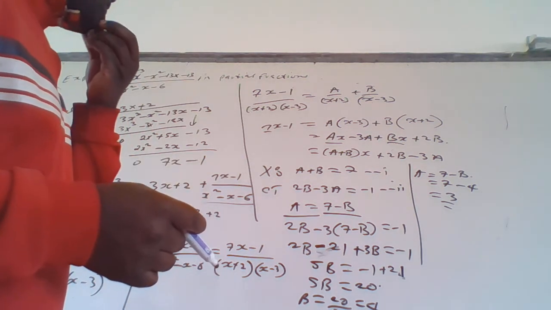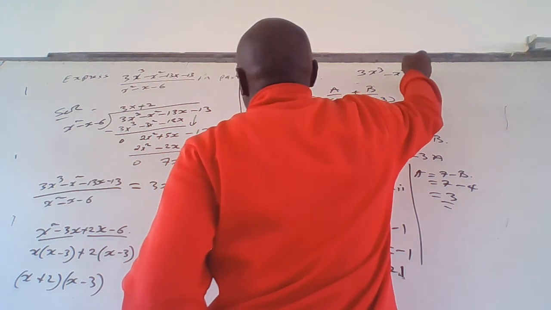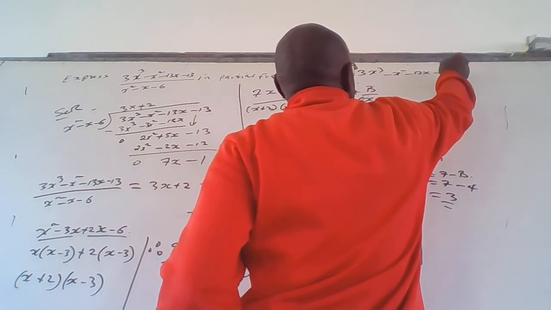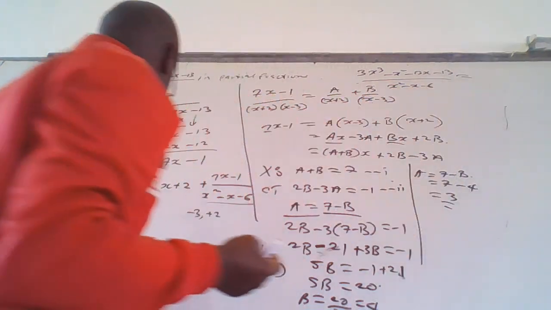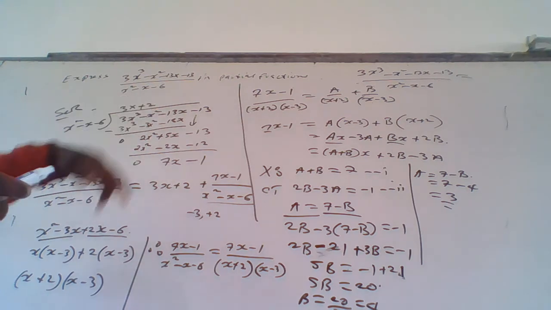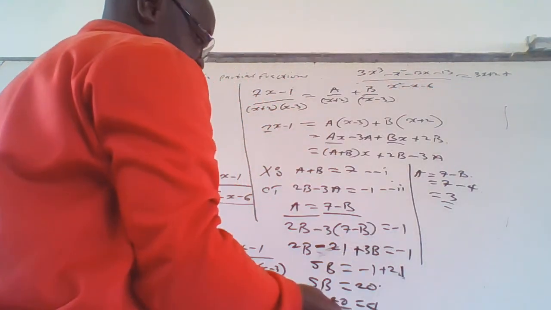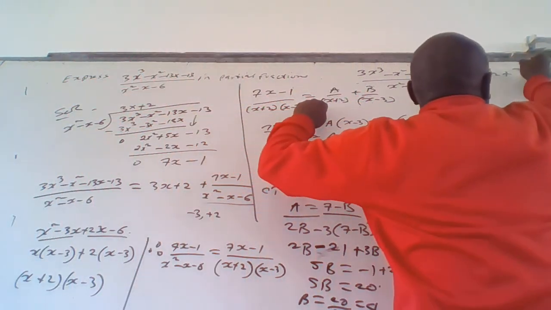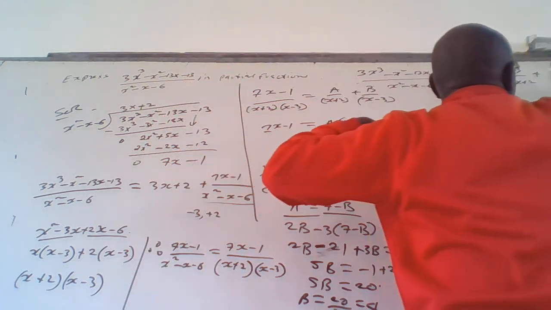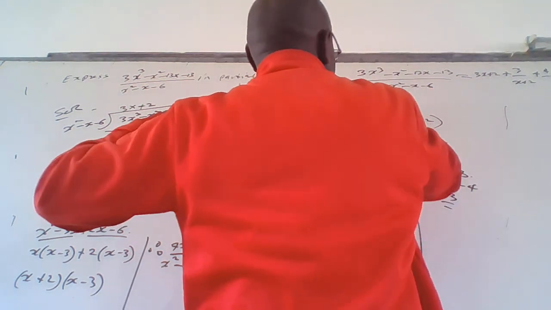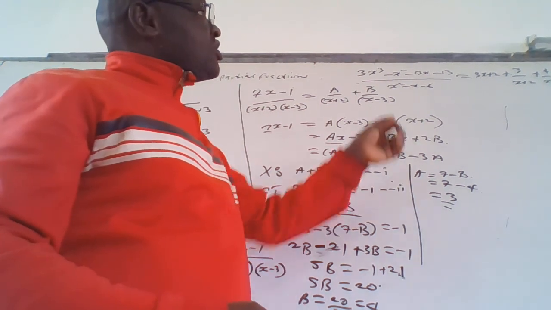Once we have the values of the unknowns, we shall say (3x cubed minus x squared minus 13x minus 13) over (x squared minus x minus 6) is equal to our first division result, 3x plus 2, plus A over x plus 2, which is 3 over x plus 2, plus B over x minus 3, which is 4 over x minus 3. So those are the partial fractions of the given expression.